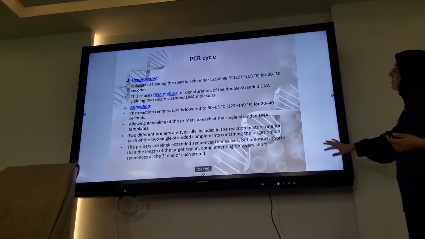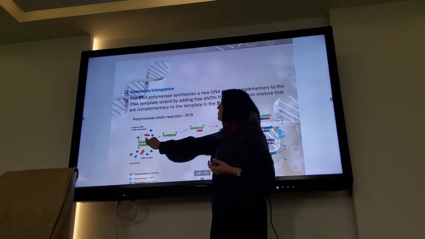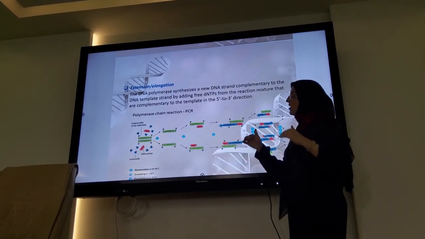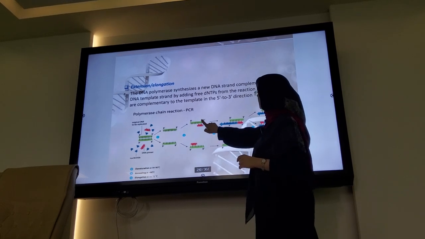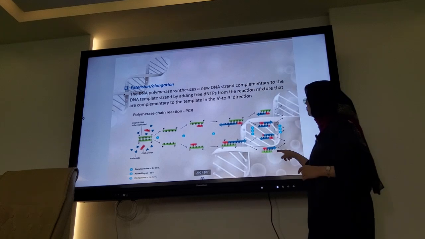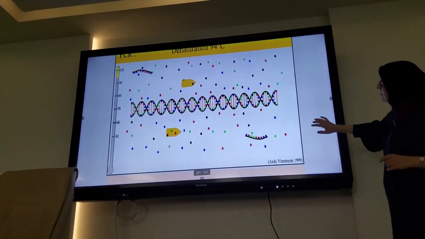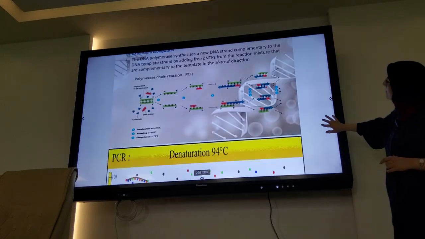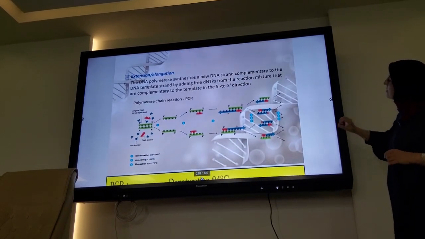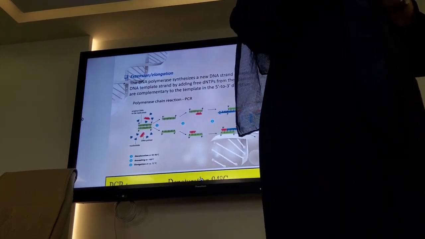In denaturation, two strands of DNA separate, primer and polymerase come and attach. So at the end of PCR, we will have so many target DNA that we can detect it.